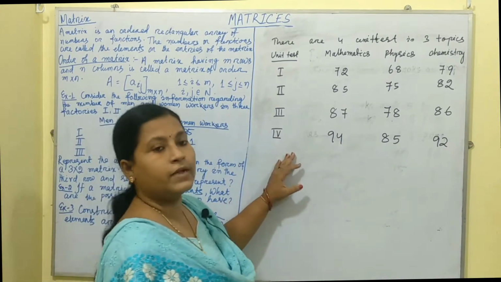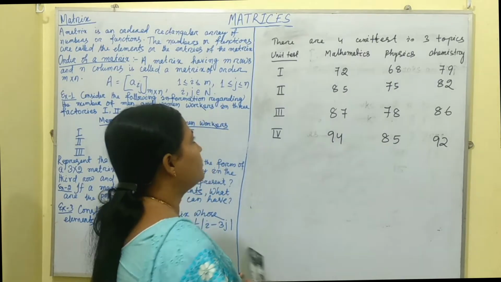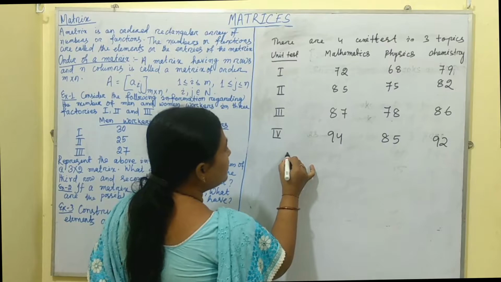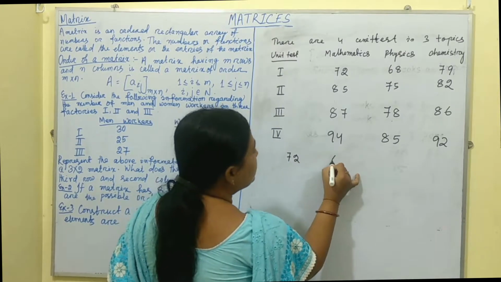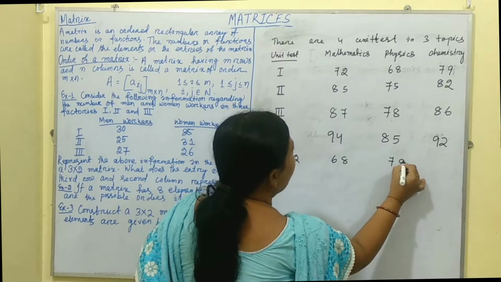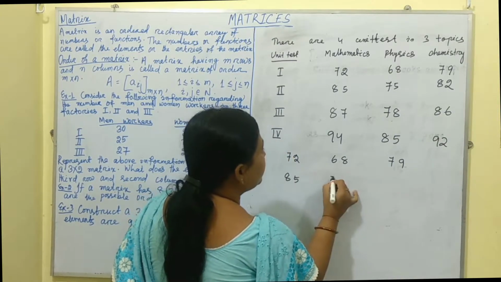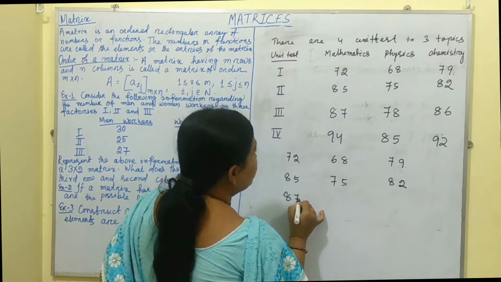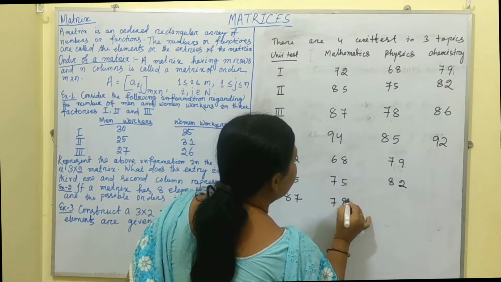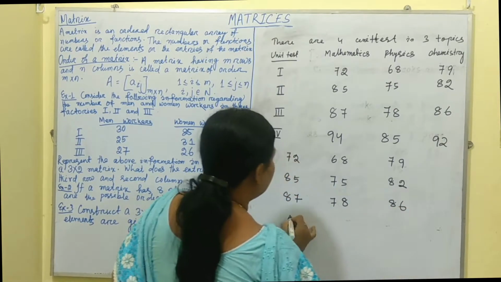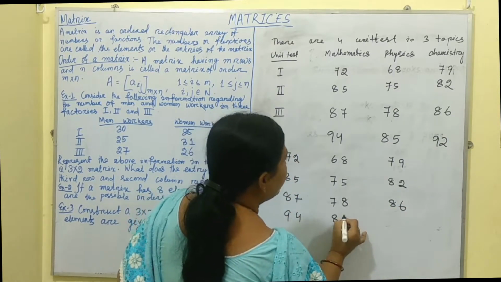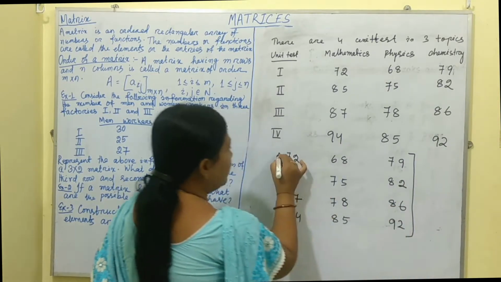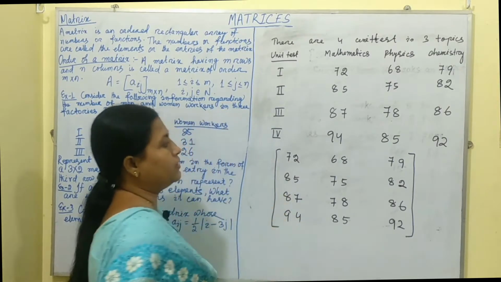So we express this information in matrix form. How can we represent this? 72, 68, 79, 85, 75, 82, 87, 78, 86, 94, 85, 92. In this way we get this matrix.